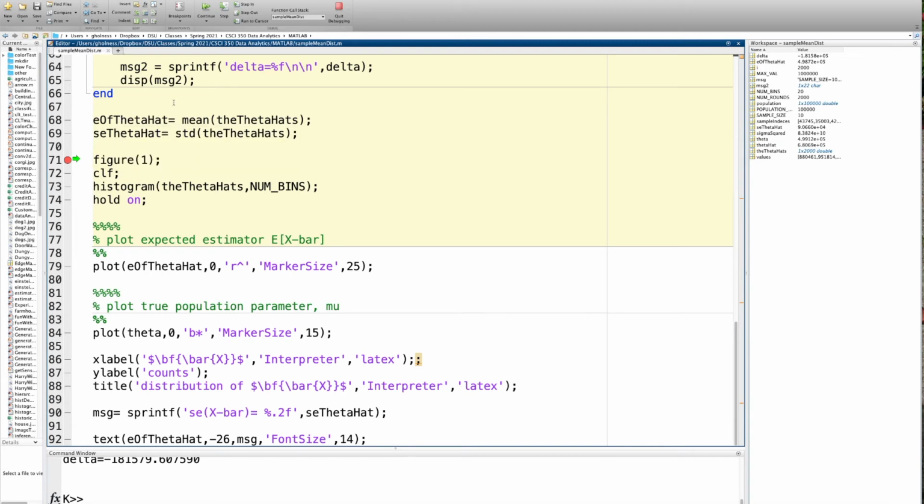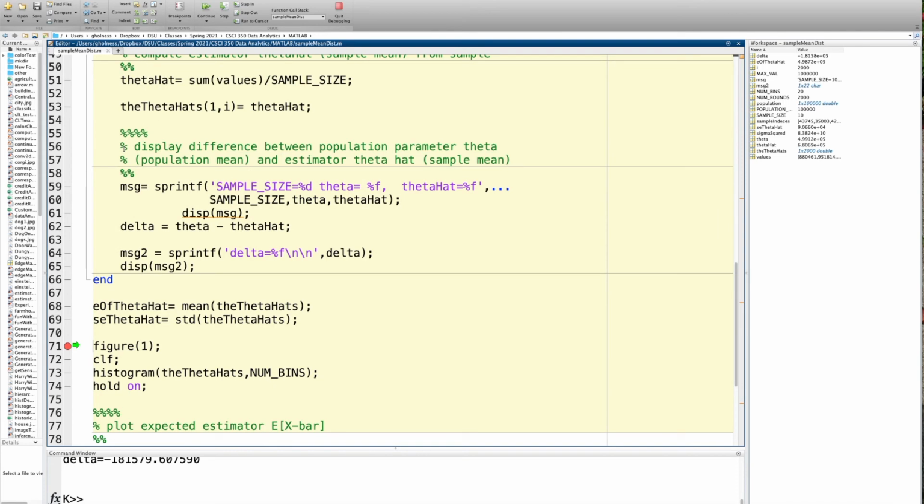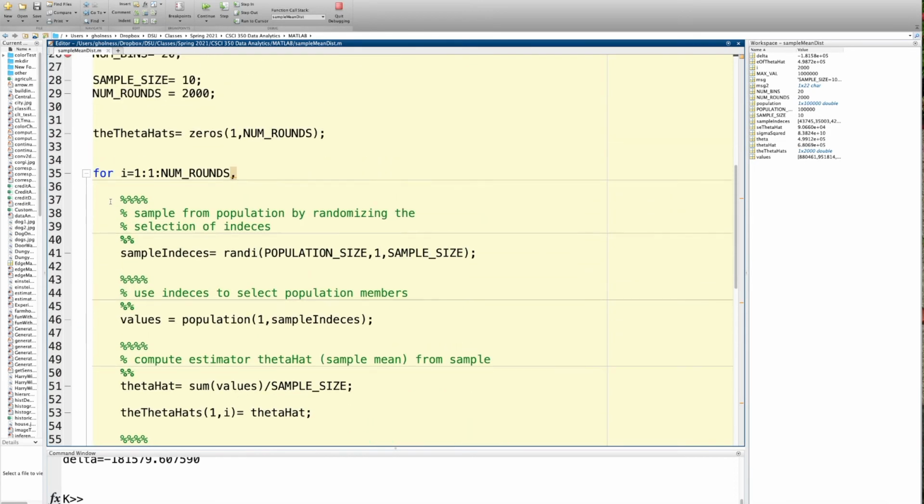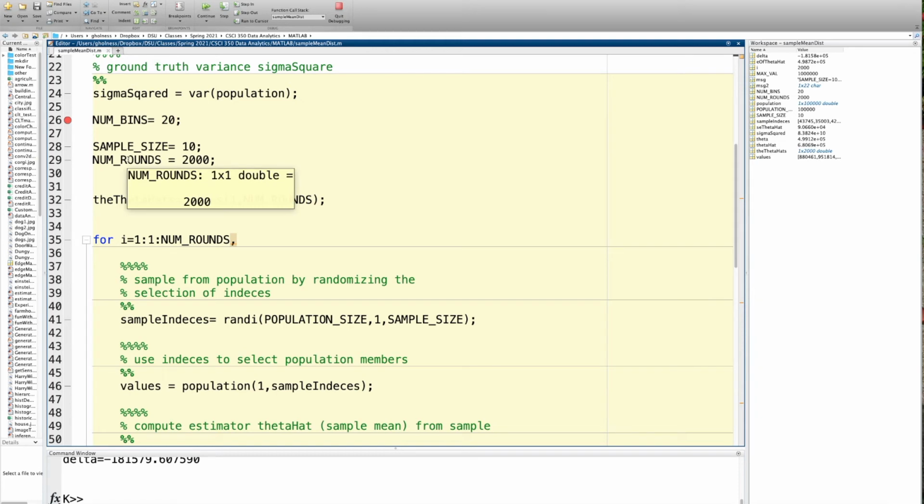Now we're also going to take the standard error of all of these x bars, because each of these calculations, this theta hat, the sample mean x bar, we have 2,000 of them because we do this 2,000 many times.